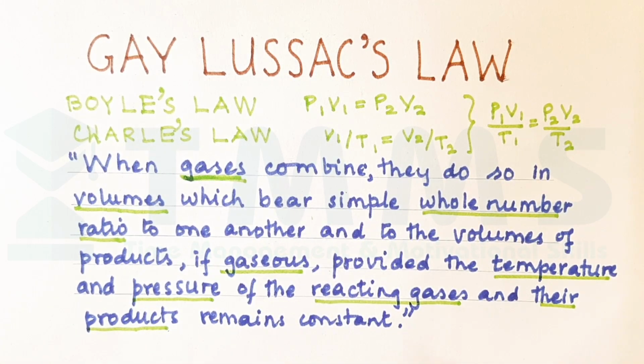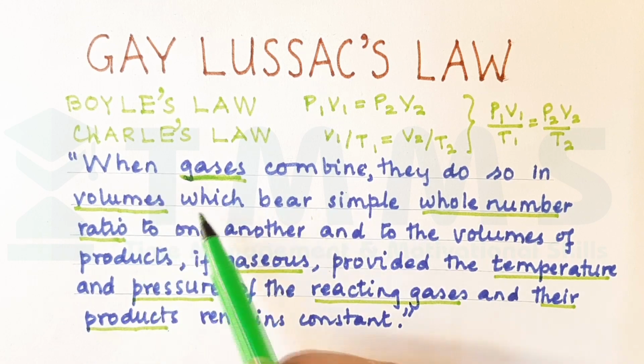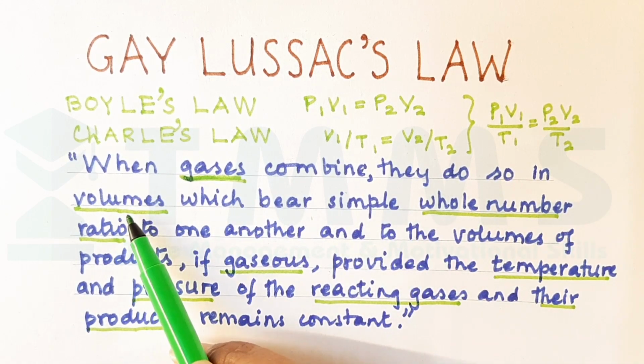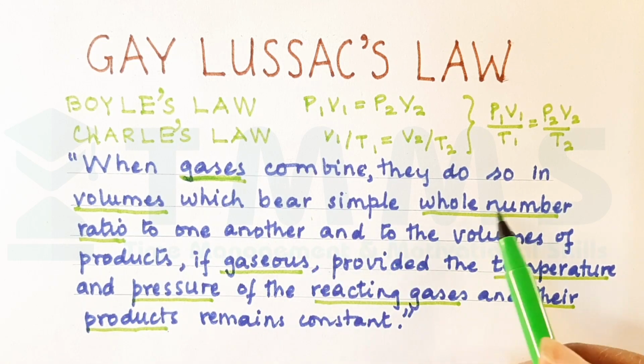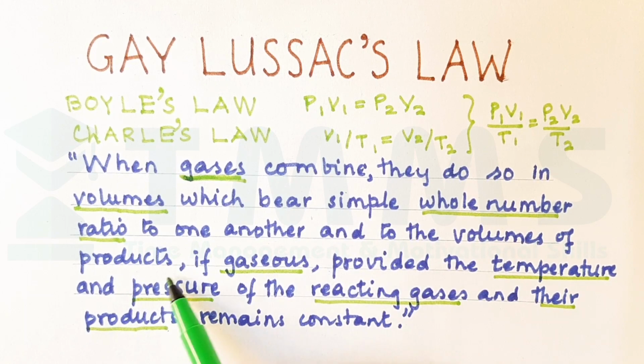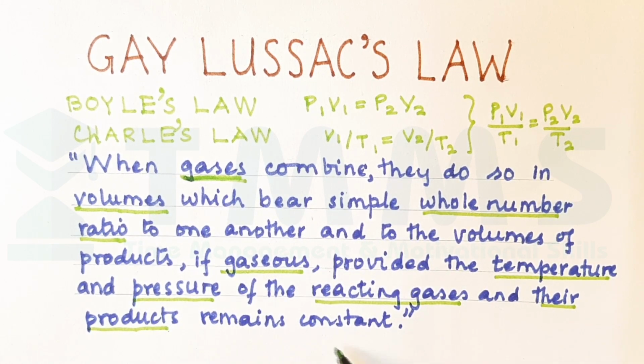So now let us understand this with the key words highlighted. When gases combine, they do so in volumes which bear simple whole number ratio to one another and to the volumes of products if gaseous, provided the temperature and the pressure of the reacting gases and their products remains constant.